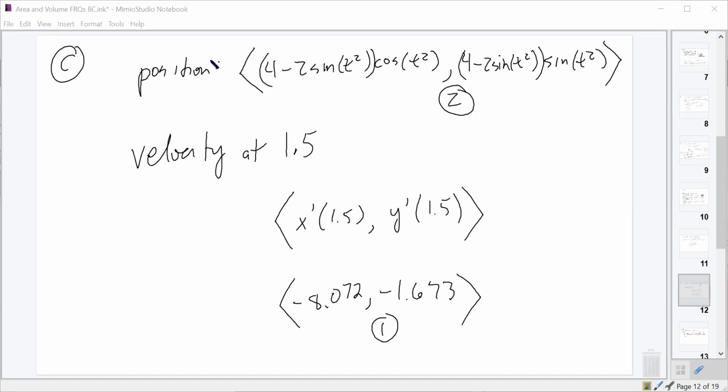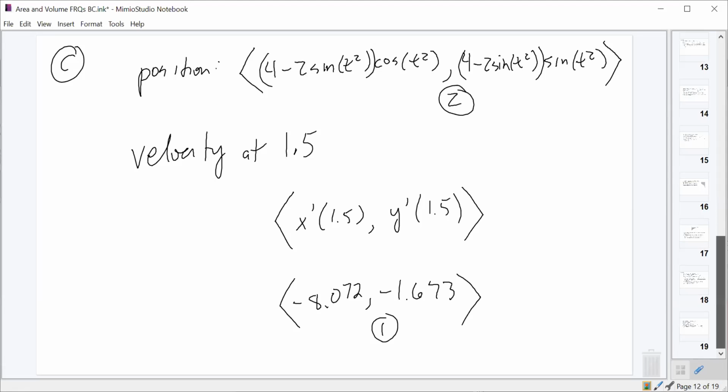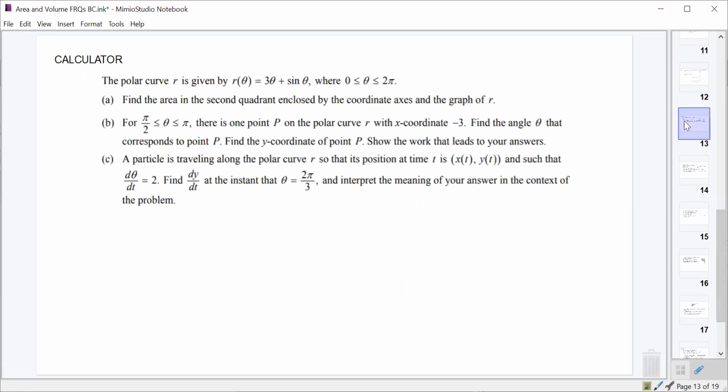Any other questions there on part C or any of that one? All right, cool. Those are the 3 I had you guys do last night, I believe. So we got quite a few more on here.